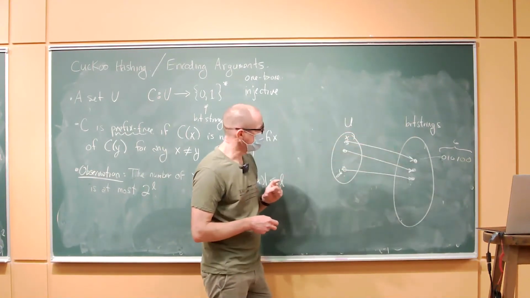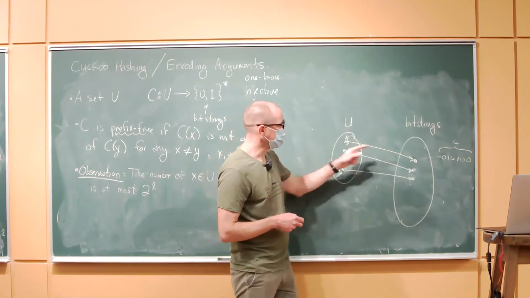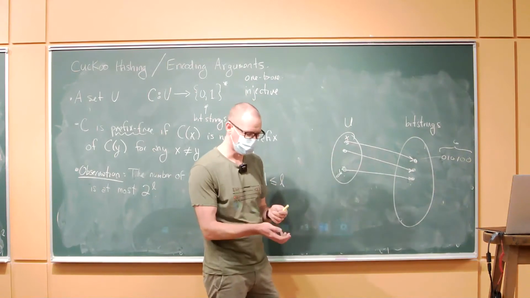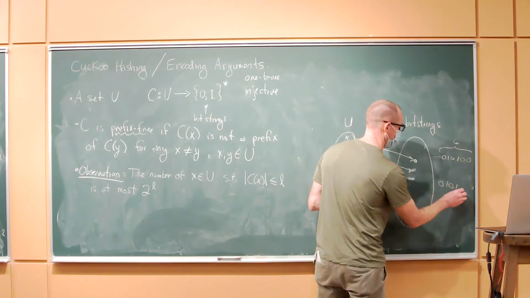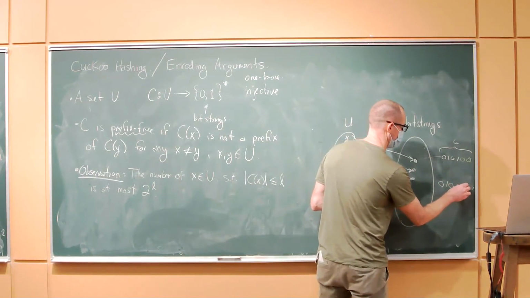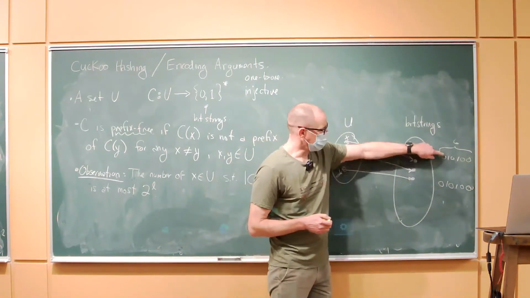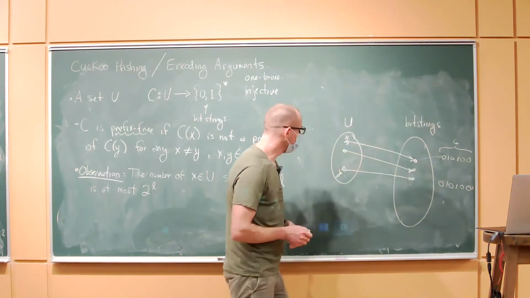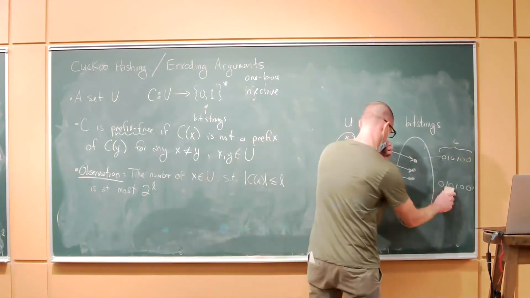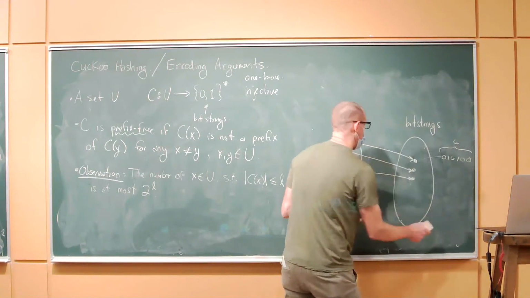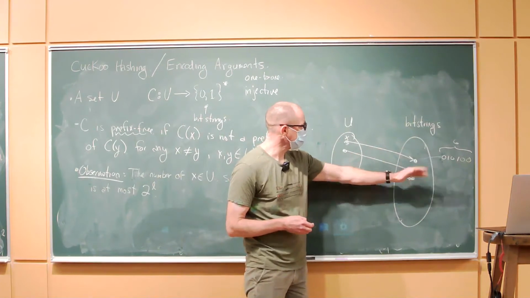And the reason for that is that the original code before I did this padding was prefix free. So for instance, I will never see somewhere else something like this, because that would have meant that the original code was not prefix free. Okay? So after I do this padding, I still get something that's injective. So that means I have a one-to-one function from U onto these bit strings.